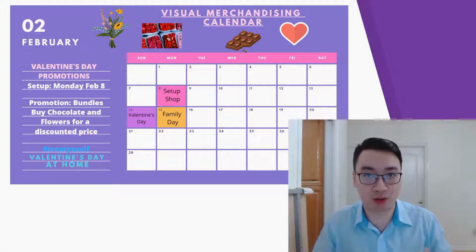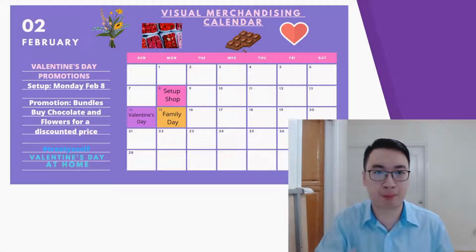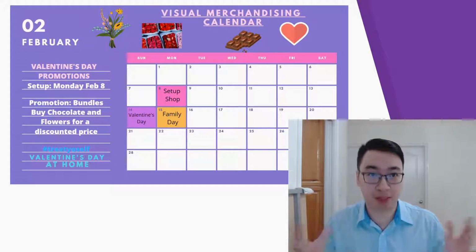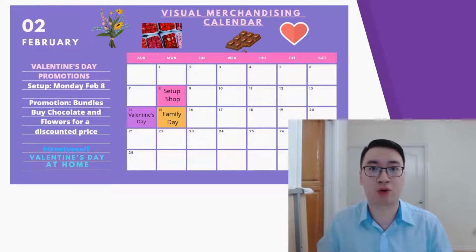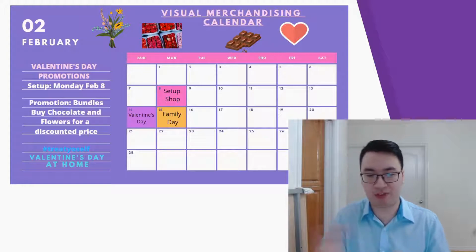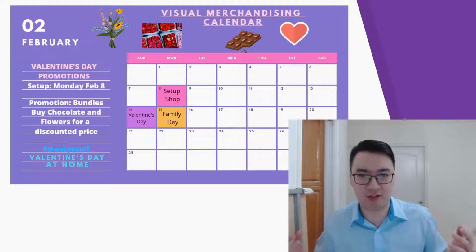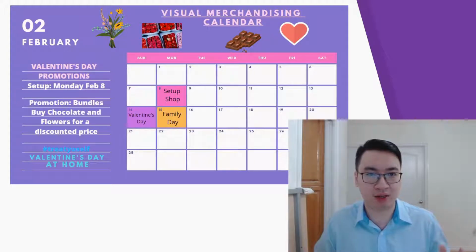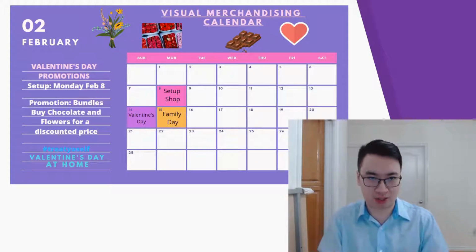In this visual merchandising calendar, it's really important that you put pictures of the displays or examples so that every time you flip through February, March, April, you have an idea of the type of vibe and theme and overall atmosphere that you are trying to create.